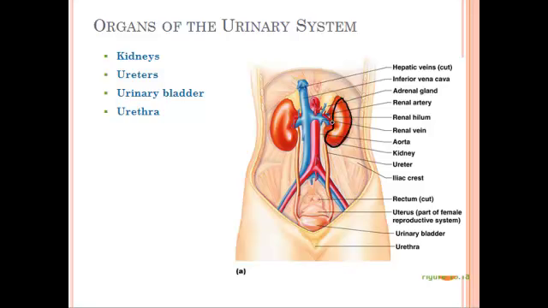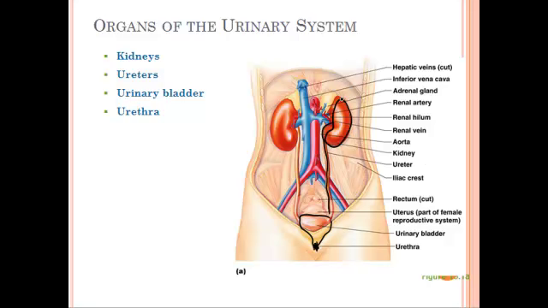These kidneys empty into a tube called a ureter, and then those empty into the urinary bladder. And from there we have what's called the urethra, which is a tube that connects with the outside and allows the urine to be released or excreted out of the body. So we go kidneys, ureters, urinary bladder, urethra.